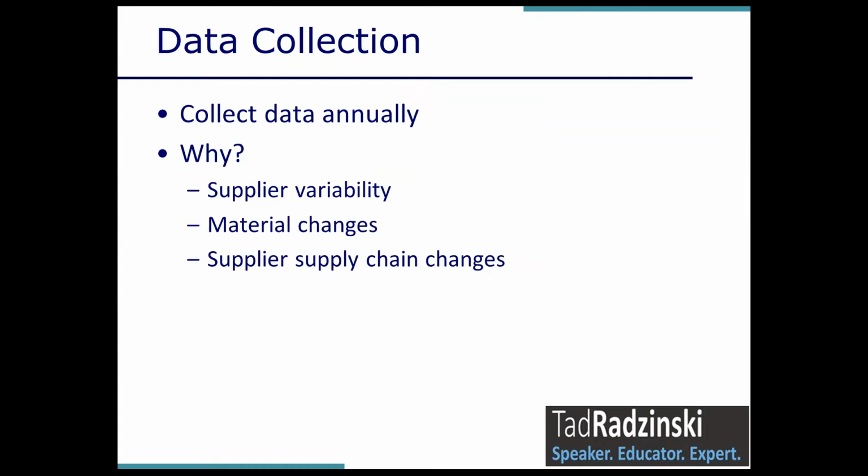Oftentimes there's new product development activities going on within a company, and they're going to basically change materials and switch suppliers. And many companies have multiple suppliers that they get the same part from, and that reduces their risk. So being able to do that is going to be really important. And when you are collecting data to ensure your success, I'm going to recommend you definitely train people.